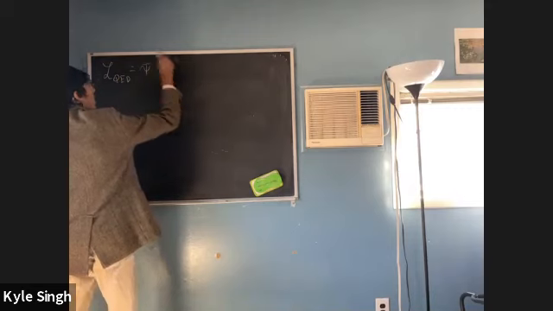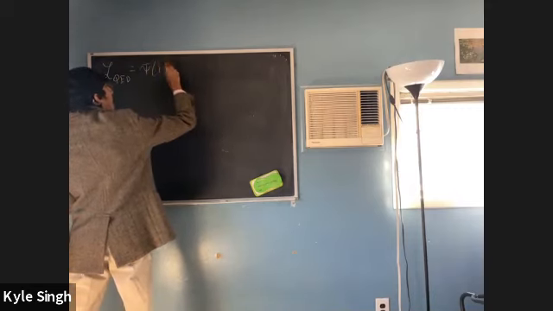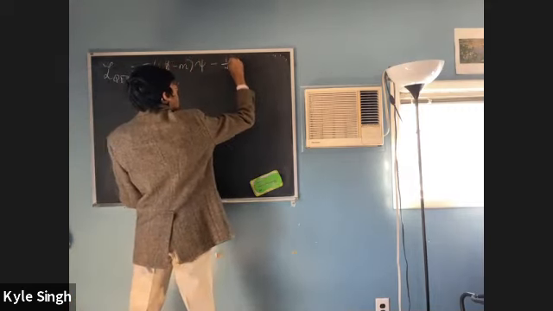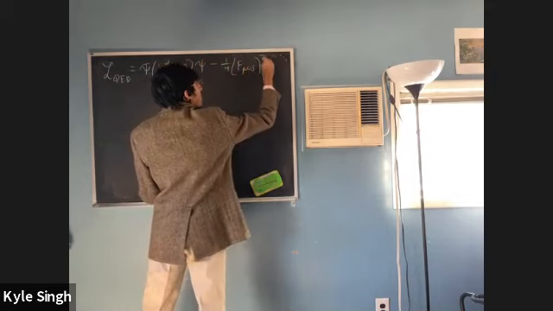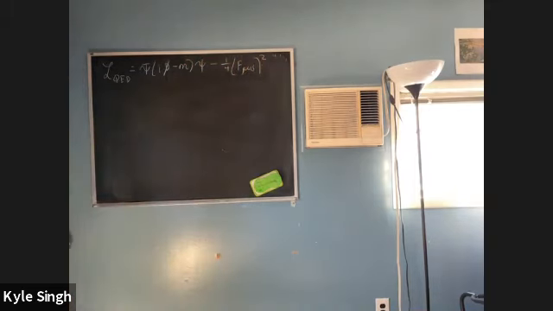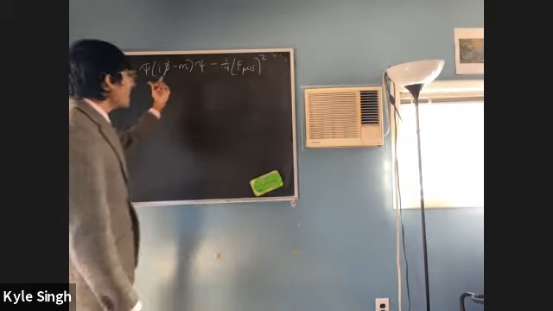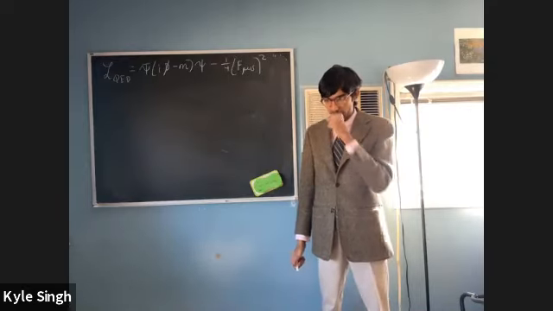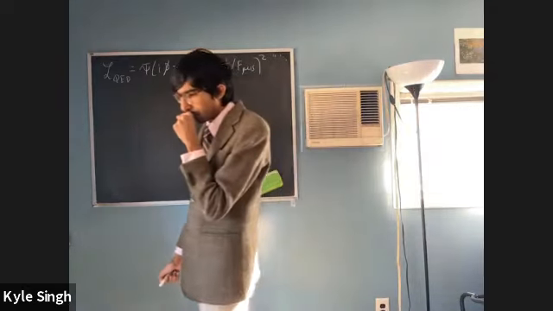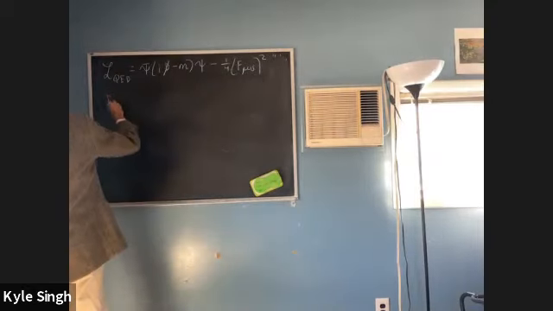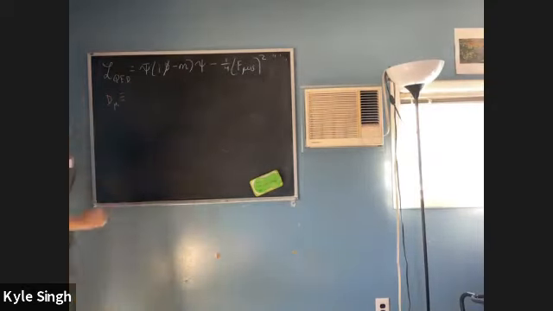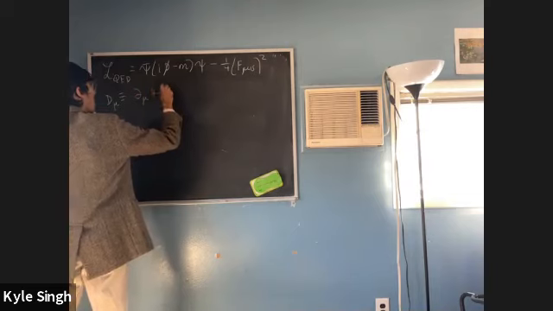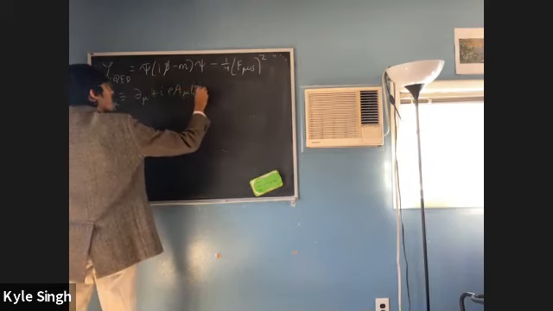And that is psi bar i capital D slash minus m psi minus 1/4 F mu nu squared, where this D is what we call the gauge covariant derivative. Maybe you've heard of the covariant derivative, which is defined as D mu equals del mu plus i e A mu of x.